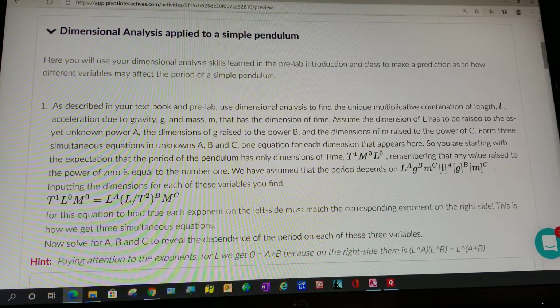Temporal domain, time, is measured with seconds. The domain of temperature is measured in degrees or something like this. So you have these different domains, and they all have different physical quantities that measure them.